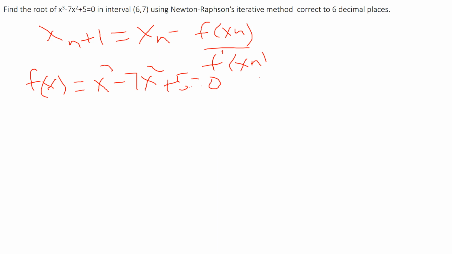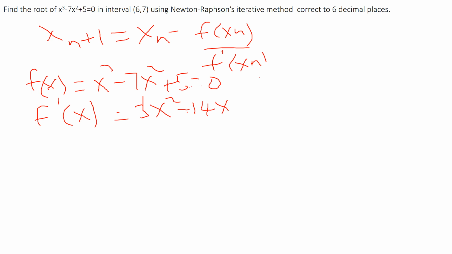Now our first derivative of this function, f'(x), will be equivalent to, when we differentiate this equation, 3x squared, then minus 14x.